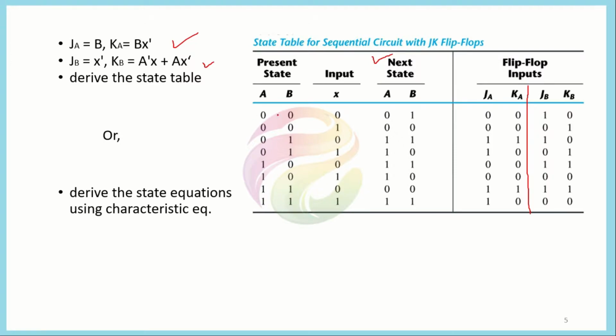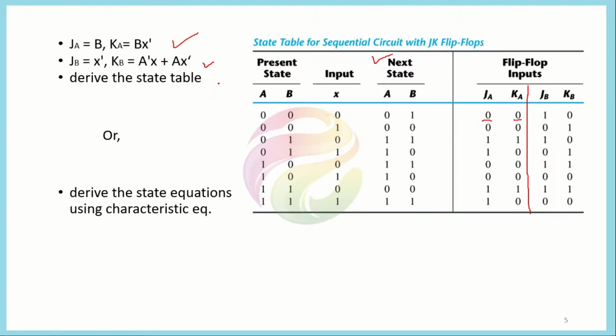Say we have both A and B equal to 0, and the input is also equal to 0. Then JA is equal to 0, so we would be getting 0 here. Similarly, KA would also be equal to 0.